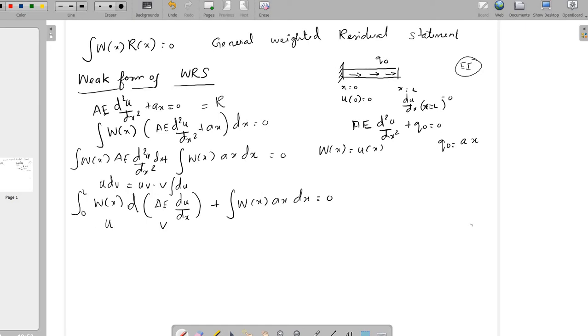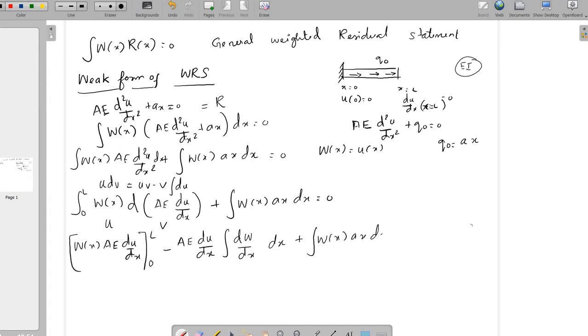Now we can rewrite in the form of uv minus v du. So W(x) AE du by dx from 0 to L, minus v is AE du by dx from 0 to L, du is, here u is W(x), so dw by dx into dx, plus integration of W(x) Ax dx equal to 0.